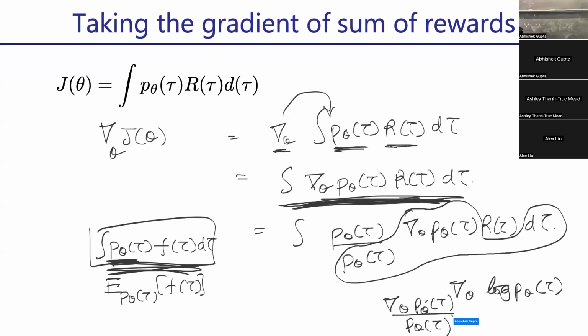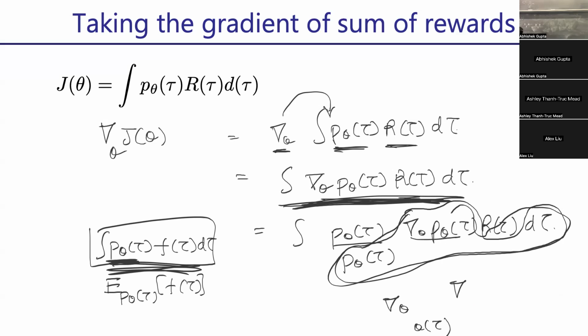And so the trick here is that we notice that this whole thing can be written as p theta tau. And then we notice that this divided by this is grad log.